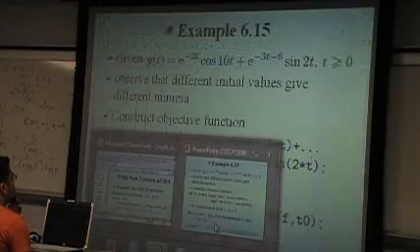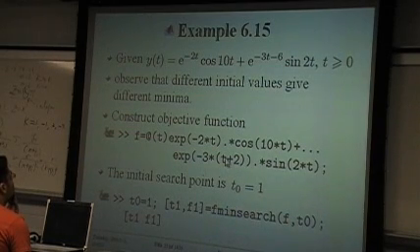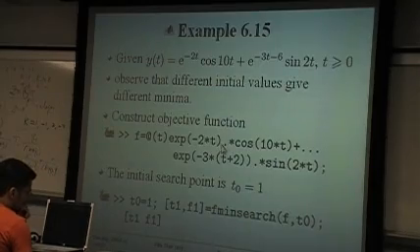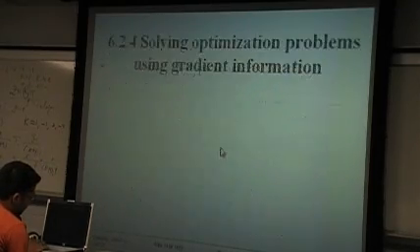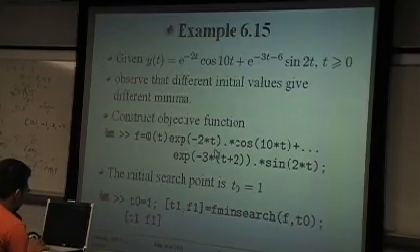And I will explain later on what method we should use other than the search method to find a global minimum. So this is the idea of local minimums and global minimums.